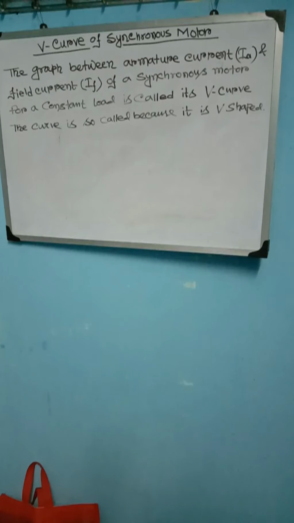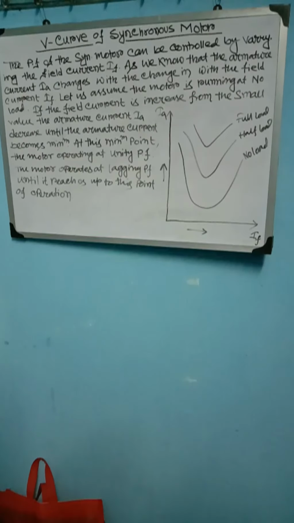The curve is often known as the V curve, and since the shape of this curve is similar to the letter V, it is called the V curve of the synchronous motor. Now here you can see the graph of the V curve for the synchronous motor.